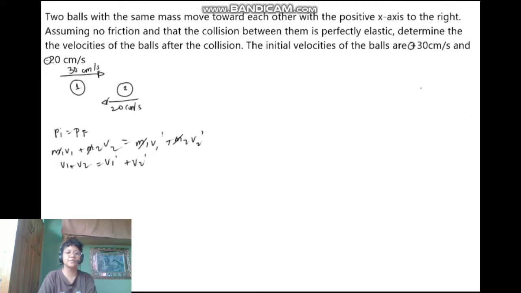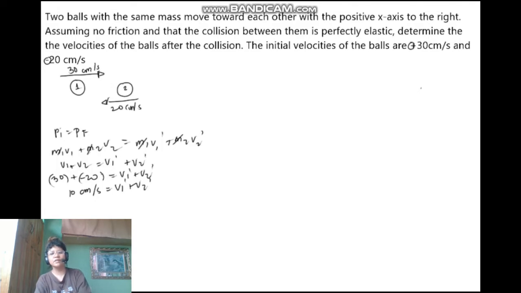And for this, we can plug in the two initial velocities, which are positive 30 centimeters per second plus negative 20 centimeters per second is equal to v sub 1 prime plus v sub 2 prime. And we're going to get 10 centimeters per second is equal to v sub 1 prime plus v sub 2 prime. And now we have our first equation.